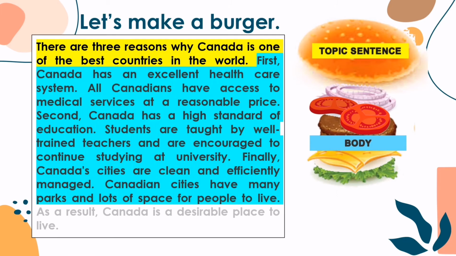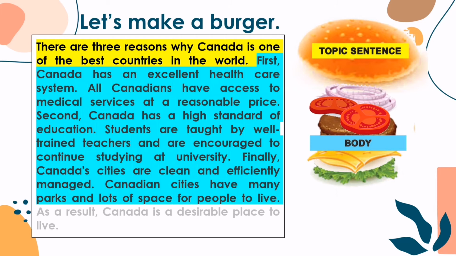Let us continue creating a burger. Earlier, we have the topic sentence, which is the top bun. Now we will have the body or the juicy part. In this example, we have the body, which is, first, Canada has an excellent healthcare system. All Canadians have access to medical services at a reasonable price.